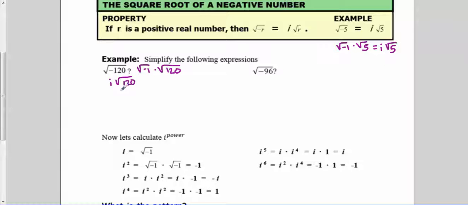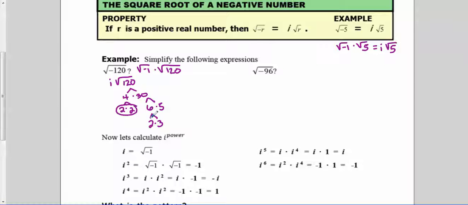Now the square root of 120 is something we can simplify, so we're going to break that down into its prime factors. I'm going to go 4 times 30. 4 is 2 times 2. 30 is 6 times 5. And 6 is 2 times 3. Anything that shows up twice is something we can take out, so we can take this 2 out.